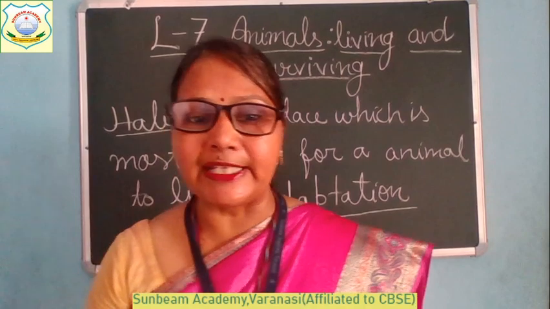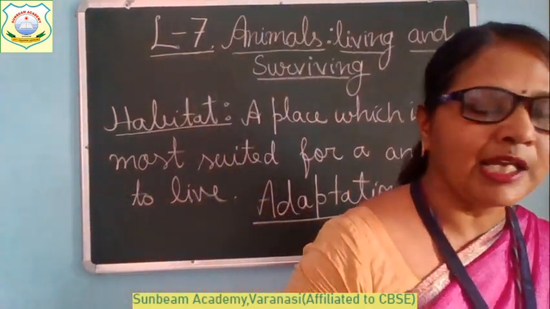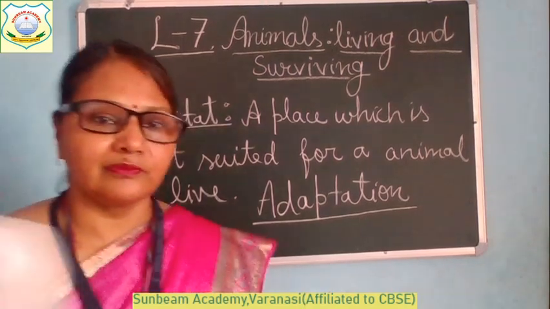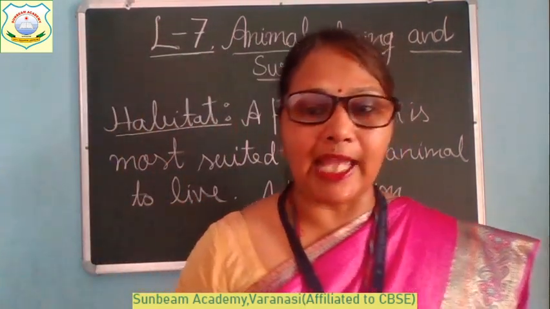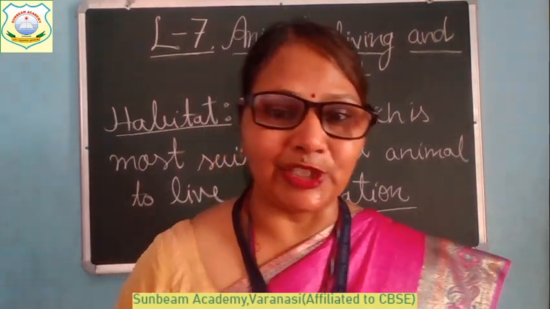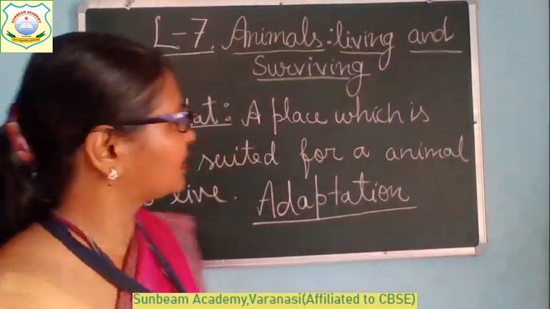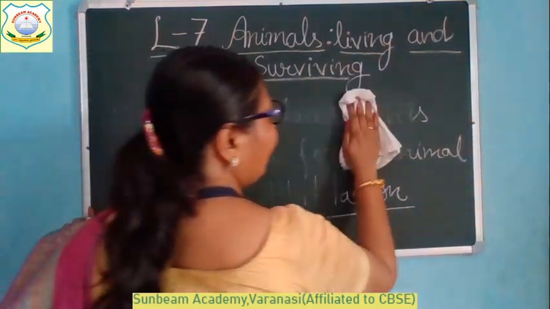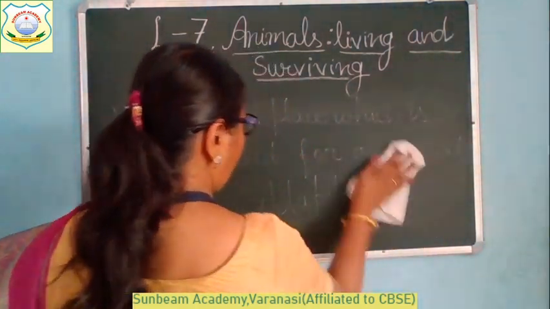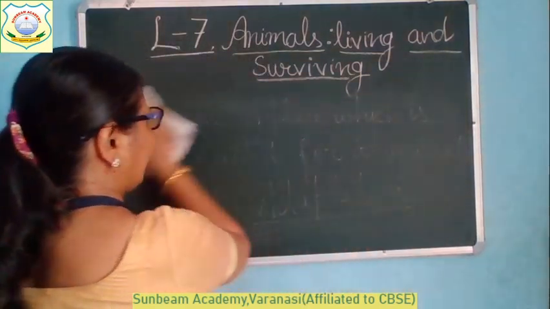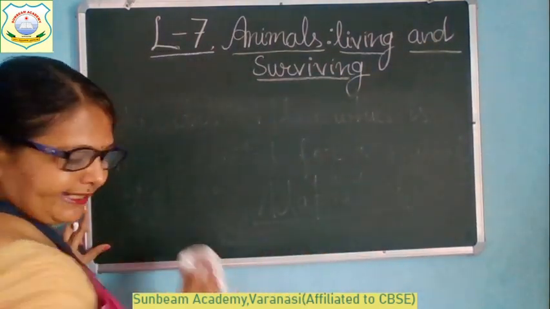Children, on the basis of adaptations, the animals are divided into different groups. What are these different groups? Let me tell you one by one some important groups on the basis of which animals are divided.